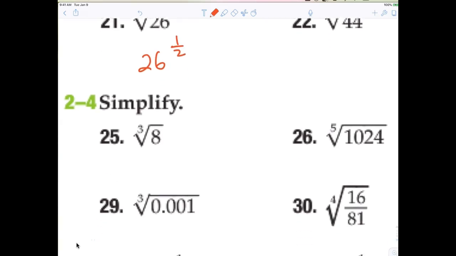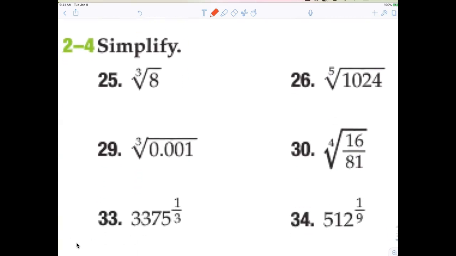Now tell me about 25 real quick. What's the cube root of 8? 2, right? 2 times 2 times 2 is 8. What do you think the cube root of 1 is? So since it's 0.001, it's probably 0.1, right?